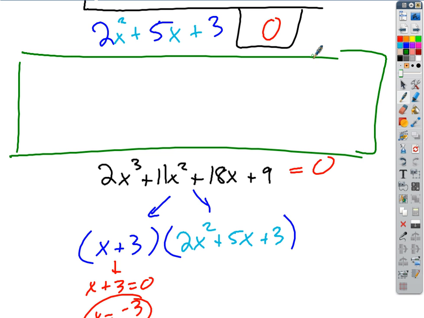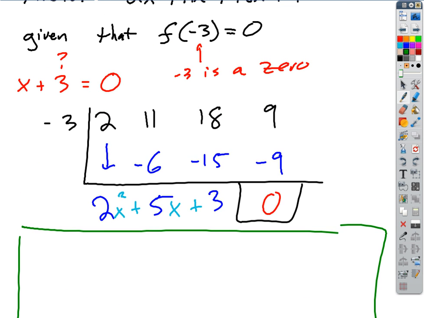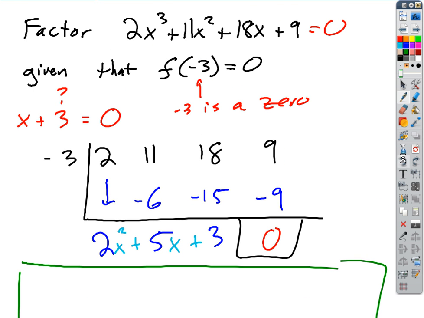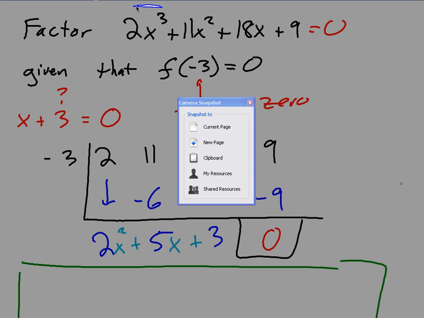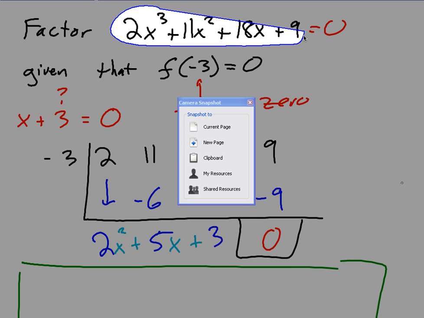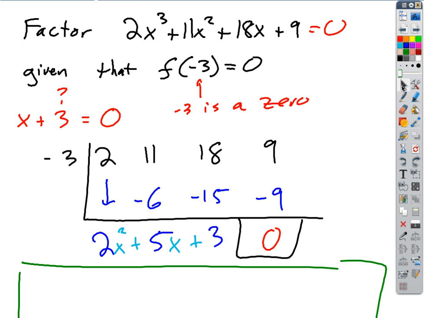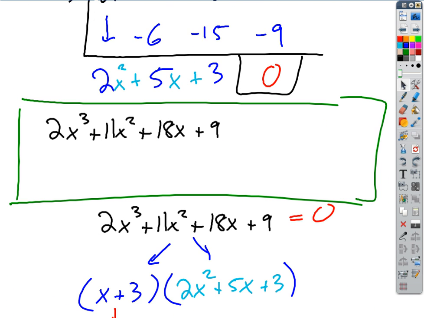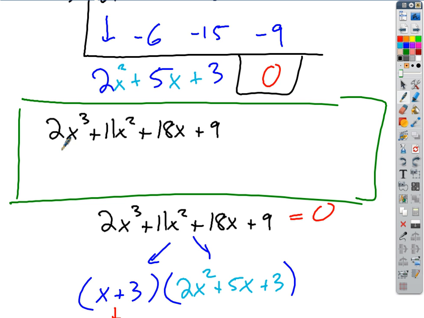So what this tells me is if I divide this polynomial, copy it again, that polynomial divided by x plus 3 equals that answer, right?